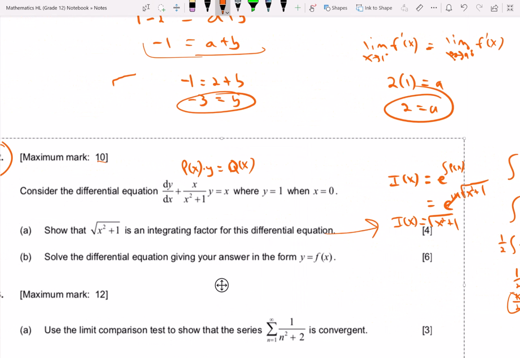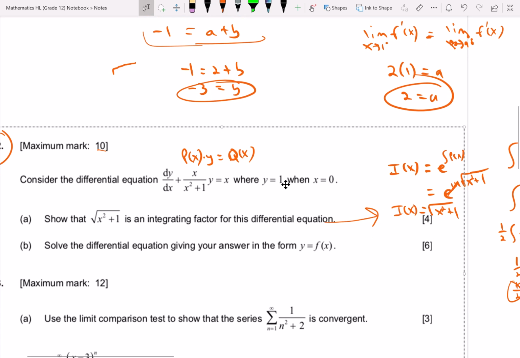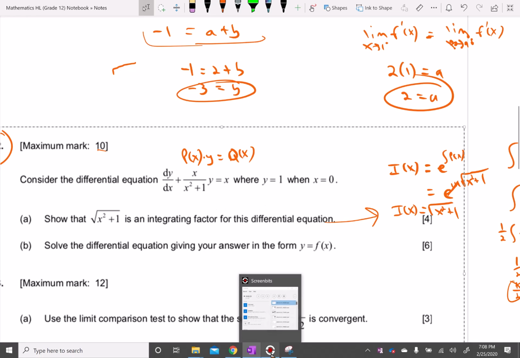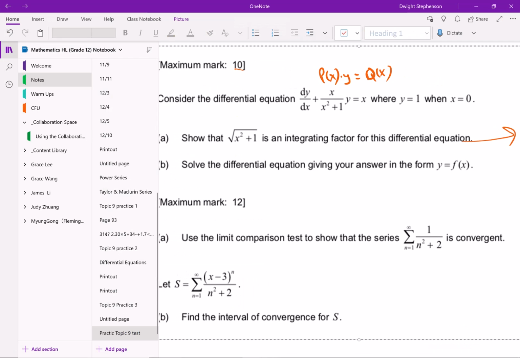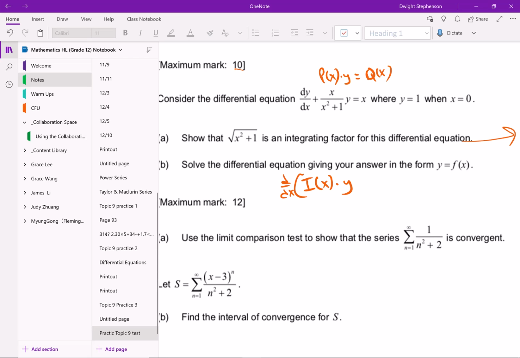Right, so now it wants me to solve this differential equation. Which means I can go and multiply everything by this integrating factor, and then we should notice that something interesting happens. What's interesting about the integrating factor is, if I find it, then I know that the derivative of the integrating factor times y will equal the integrating factor times q of x, right?